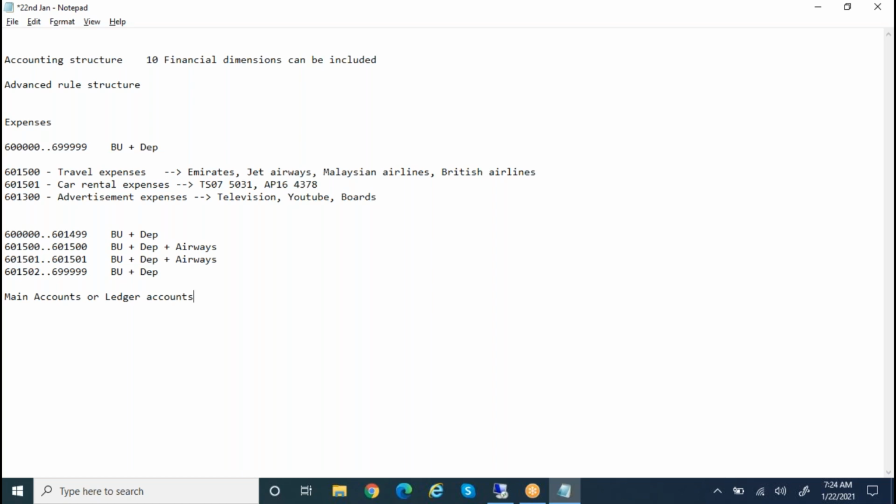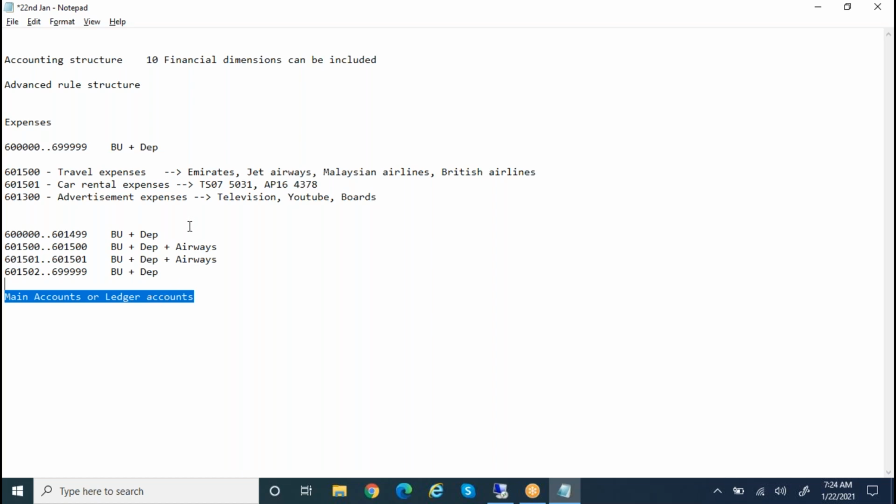So this structure is applicable for these accounts only, to get the expenses. For example, for expenses we have some sequences, that is business unit plus department, which we can apply for the account structure. Under that, for ledgers, you can fix the accounting rule, right?